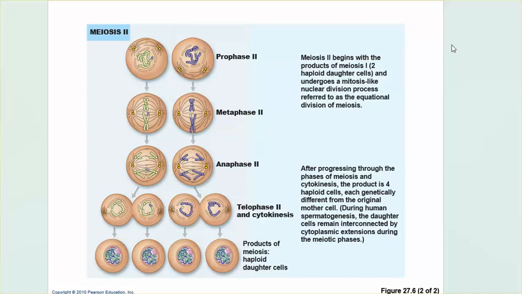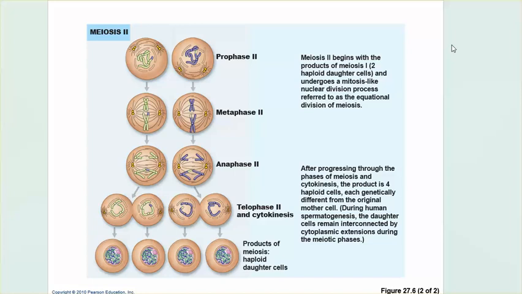So then we enter prophase 2, where the new nuclear envelope disappears. Then in metaphase 2, the chromosomes line up in the middle. In anaphase 2, they pull apart, so each half of the chromosome ends up separate.